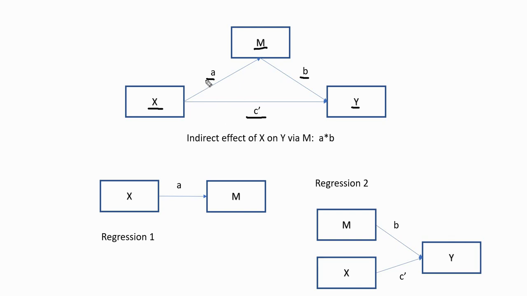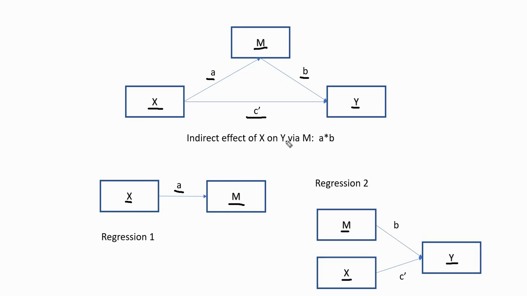At any rate, you'll see that path A is estimated through a regression of the proposed mediator onto X. So that's our path A. And then paths B and C prime are estimated through least squares regression, regressing Y onto M and X. So when it comes to testing for mediation, what we want to do is to quantify that mediation first.